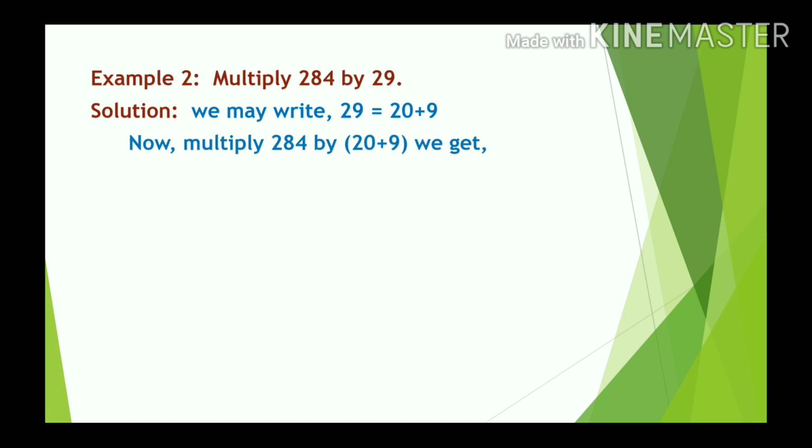Now let's see the second example. So multiply 284 by 29. Solution, we may write 29 as 20 plus 9. Now multiply 284 by 20 plus 9 with the help of distributive property.